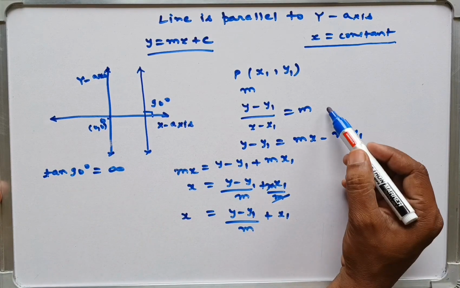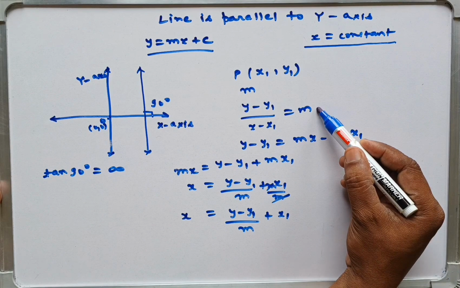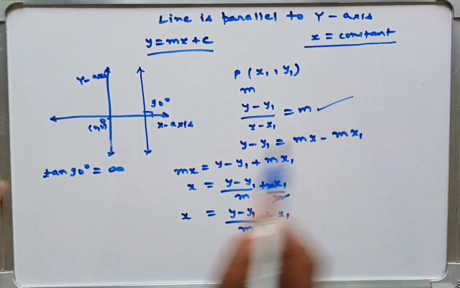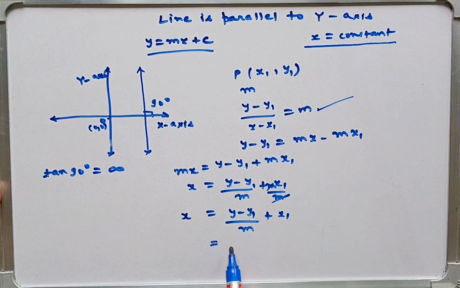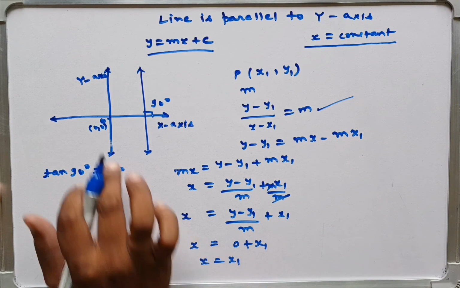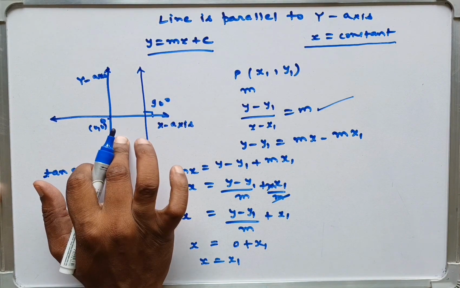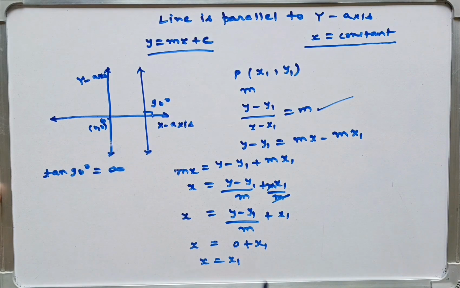So m is basically a numeric number, and if we divide this constant number by a very big number, it becomes 0. Then x equals x1. That's why we say when a line is parallel to the y-axis, then x equals a constant number.